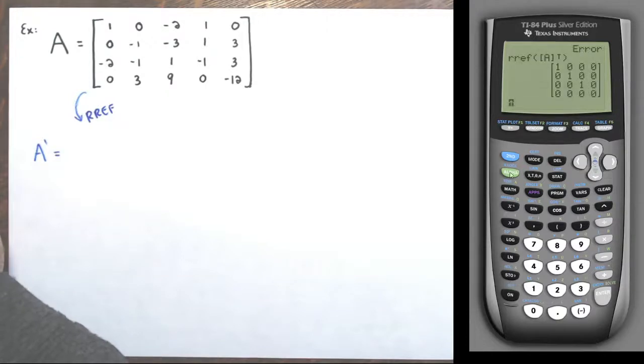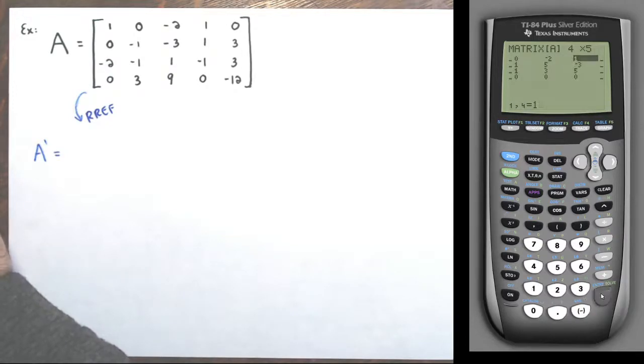Back to the matrix, I'm going to go over to edit again and just edit matrix A here, and this is a 4 by 5 this time. First row: 1, 0, -2, 1, 0. Then 0, -1, -3, 1, 3.